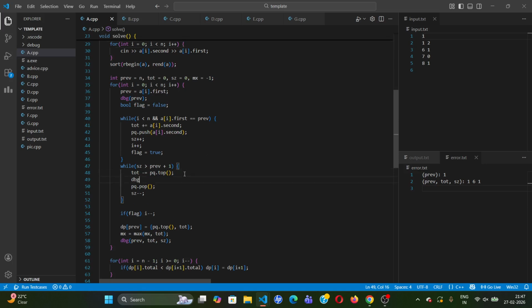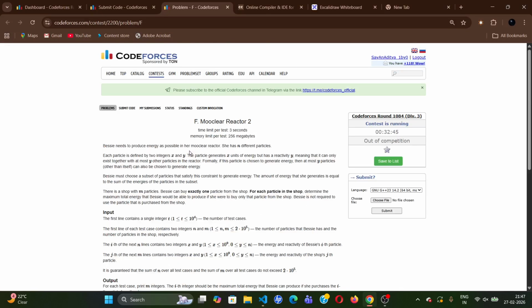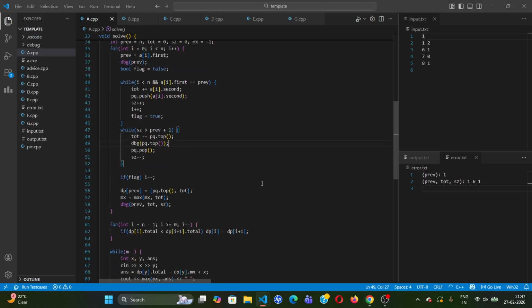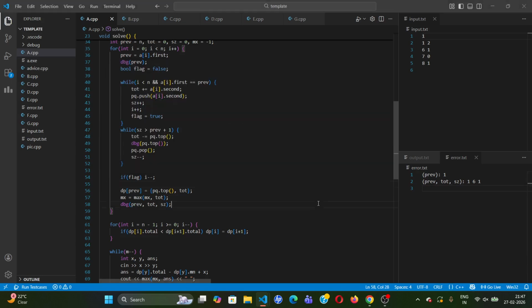Okay. 32 minutes. Pick.top, it is not debugging. 6 and 1. The total is 6.